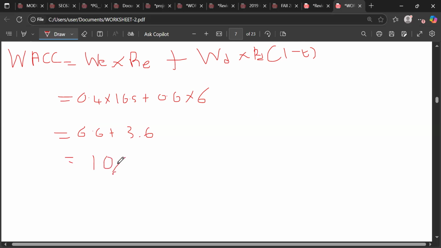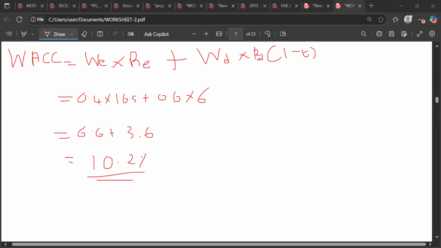So this is just the cost of us investing in this. 10.2% is our weighted average cost of capital here. Are we clear? Any questions?